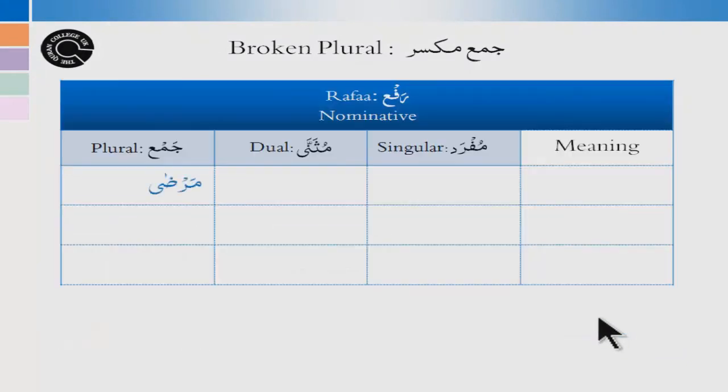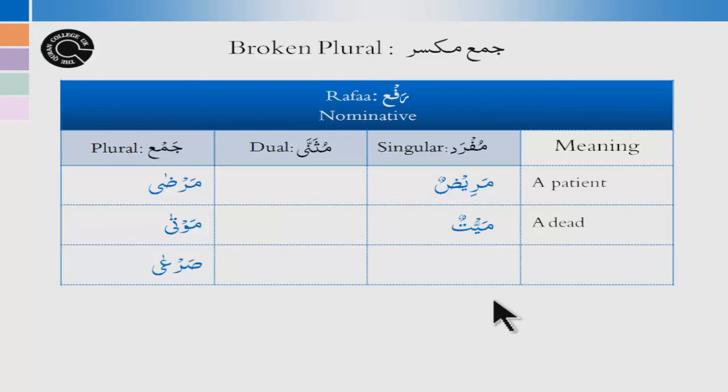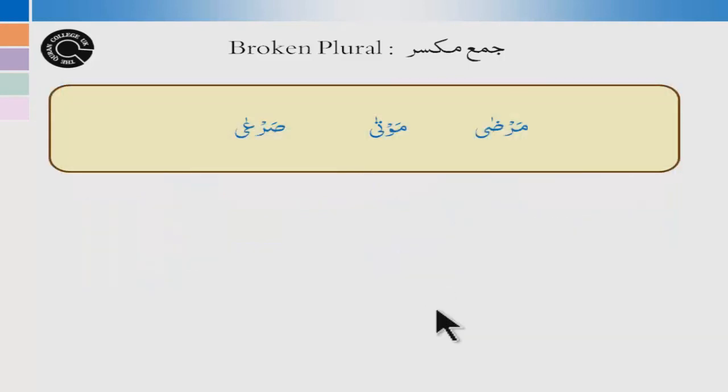Now let's see another one, which is marda, a broken plural of maridun, mauta, the broken plural of mayyitun, and sur'a, the broken plural of sari'un. Now let's generate our last template out of these words, where the thing which is uncommon is the fatha and then the second letter, and then you have the standing fatha, and then you have a ya at the end.